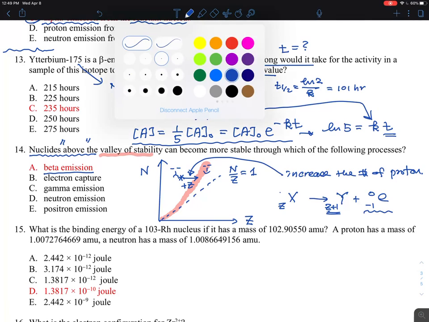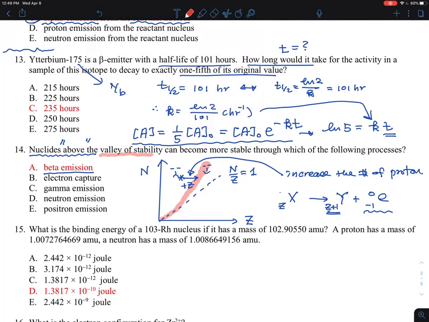I also want to mention that in the previous exam, they gave you an example of some kind of elements like here. This one actually wants to go the other way, which is to decrease the number of protons. And how do they do that? By electron capture.